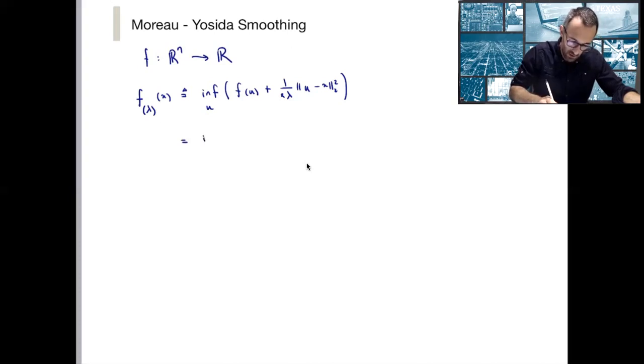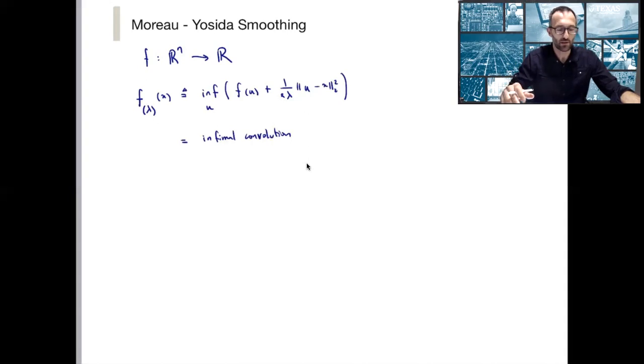So this is just the infimal convolution of the two functions, f and the squared norm divided by 2 lambda.